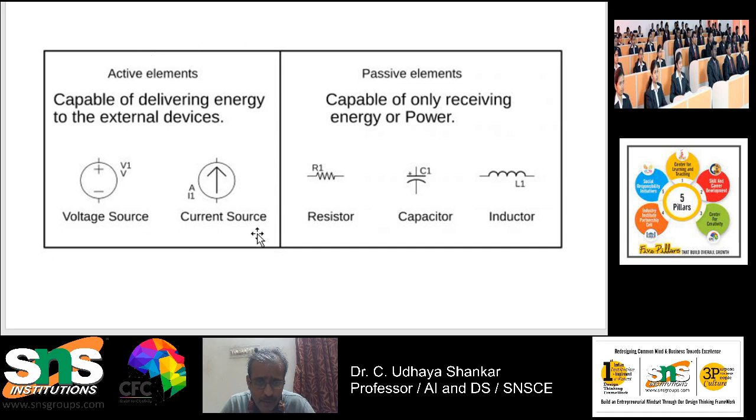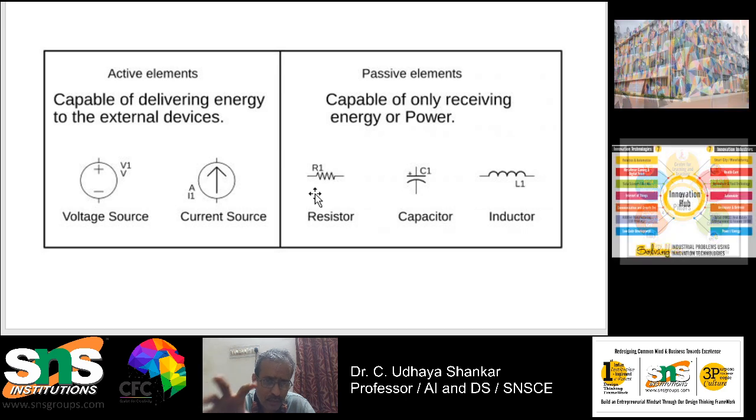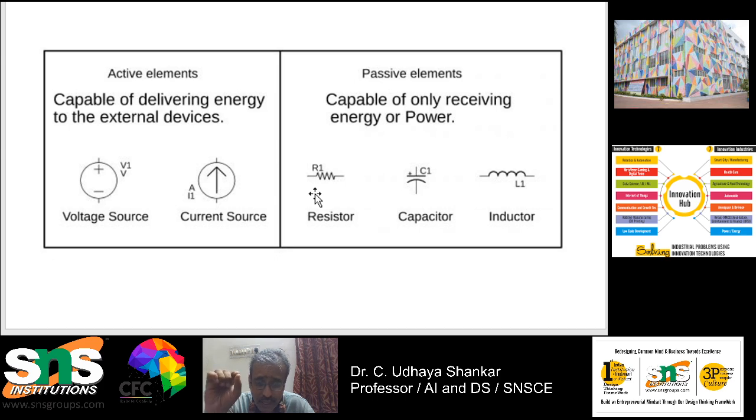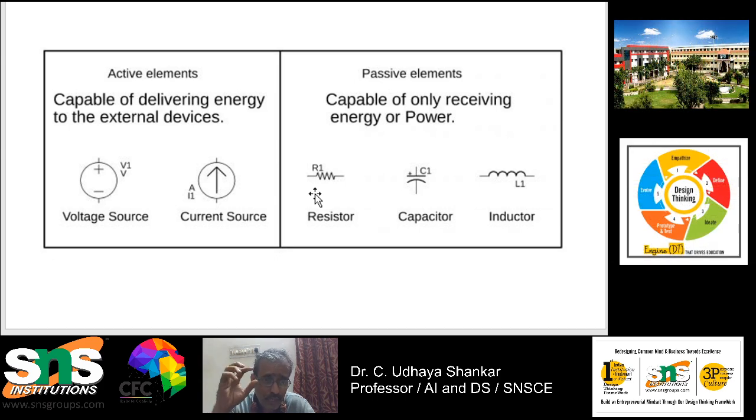Those elements are called active elements. If your circuit has active elements, then that network is called an active network. It is capable of delivering energy to external devices, because it has a voltage source and current source.